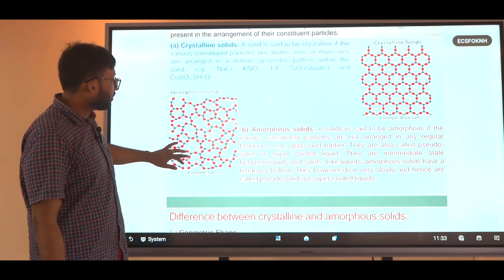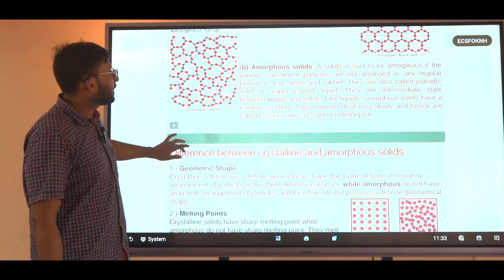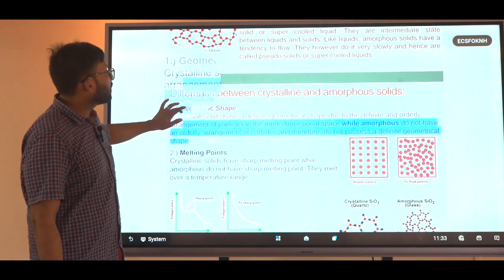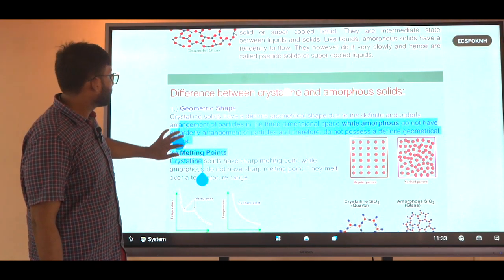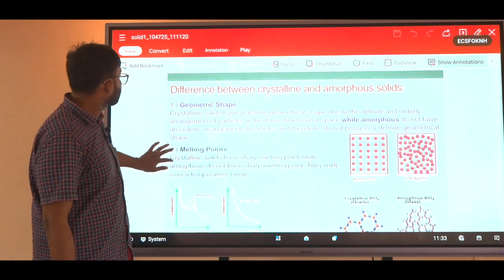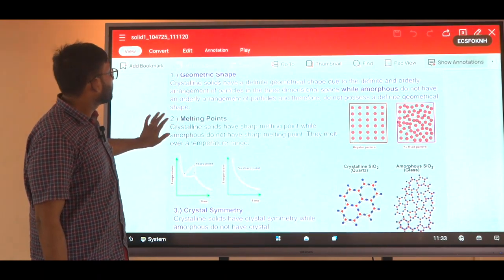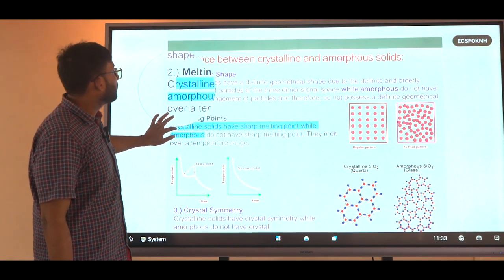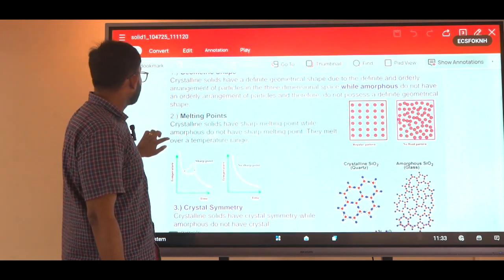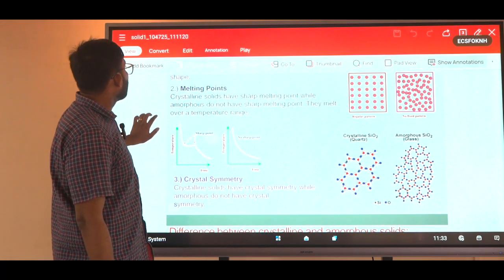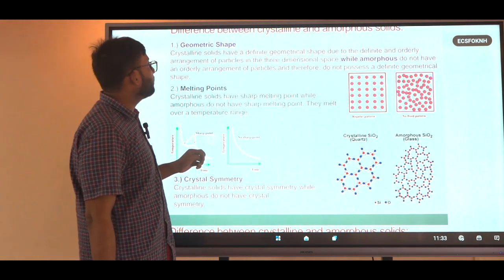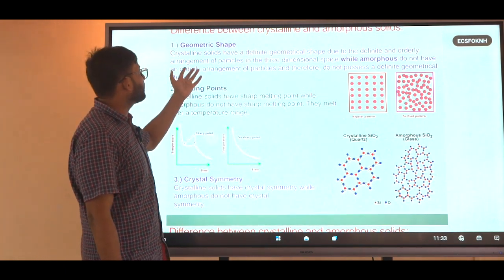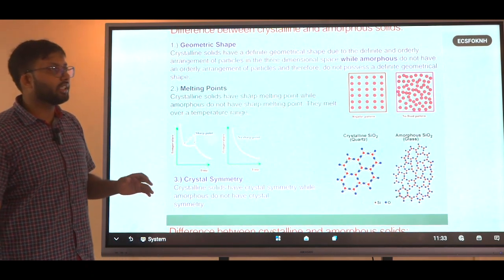You can take a screenshot and write it down. Coming to the differences between crystalline and amorphous solid, the first difference is geometric structure, which we have already discussed.